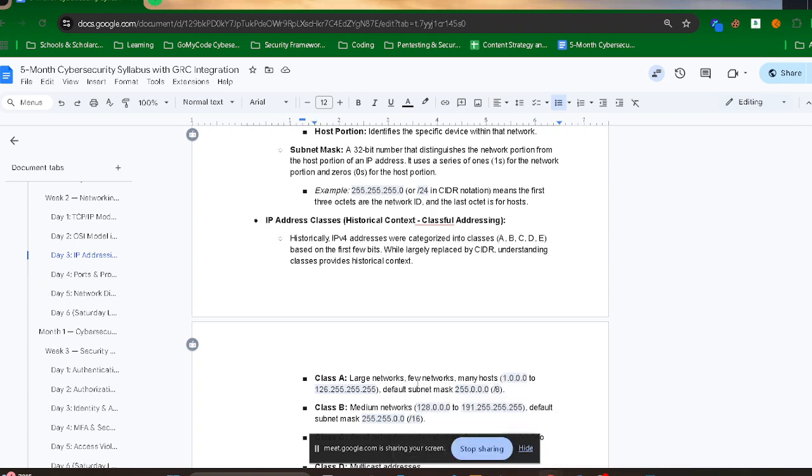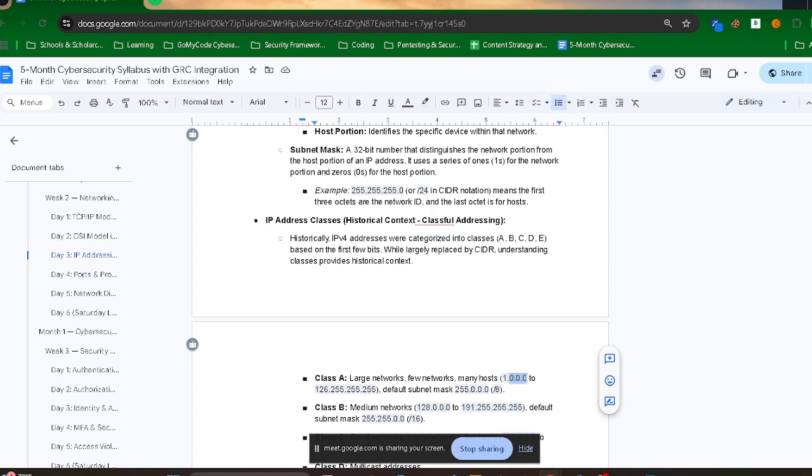Class A belongs to a large network. It can contain many hosts. It goes from a range of 1.0.0.0 to 126.255.255.255.